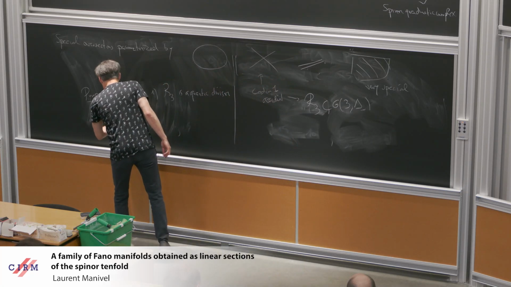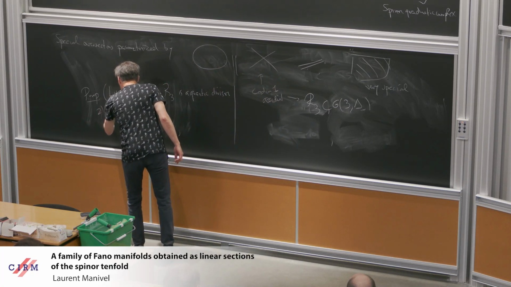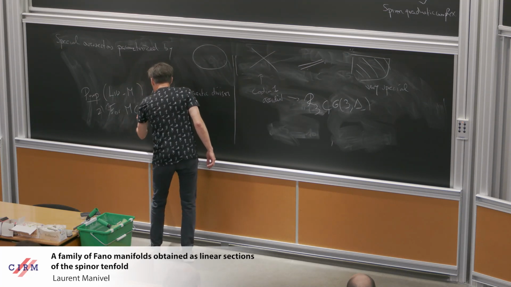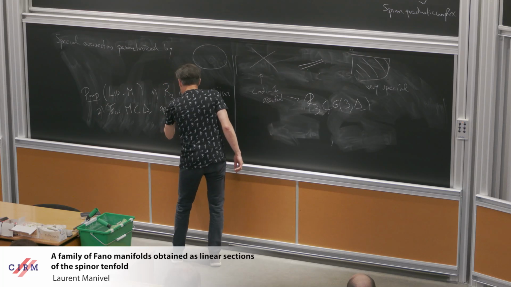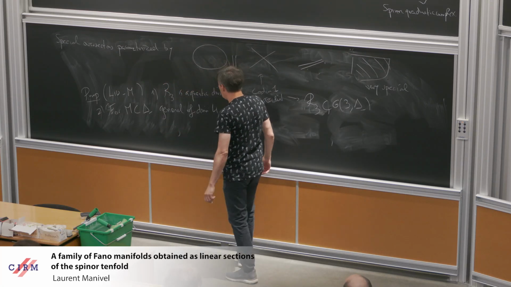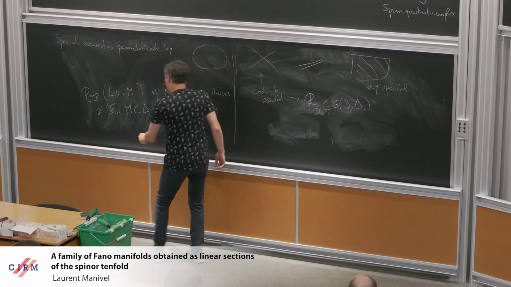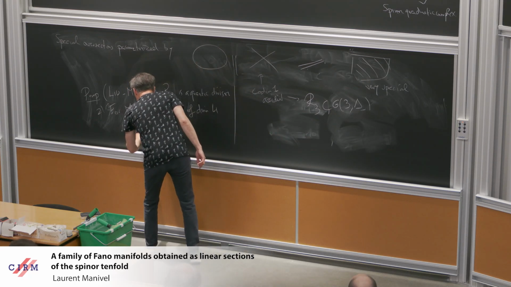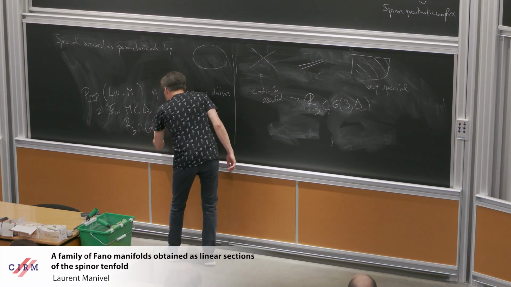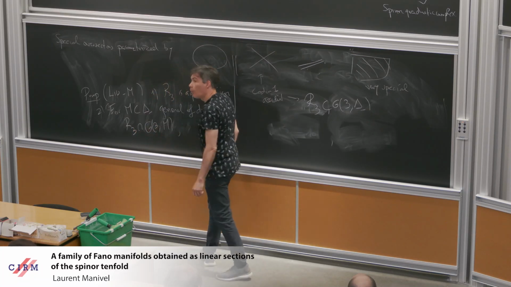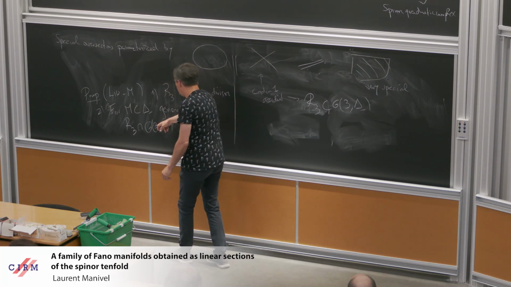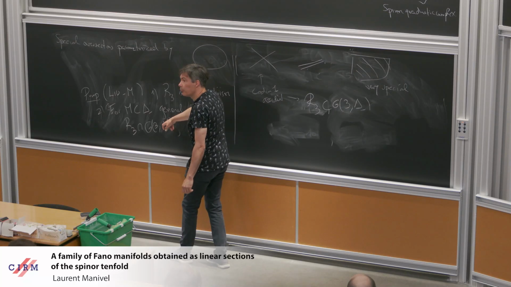Suppose you take, let's say, M inside delta minus, general, of dimension 4. And you cut out your divisor by the Grassmannian of 3 planes which are contained in M. M is dimension 4, so this is the dual projective space.